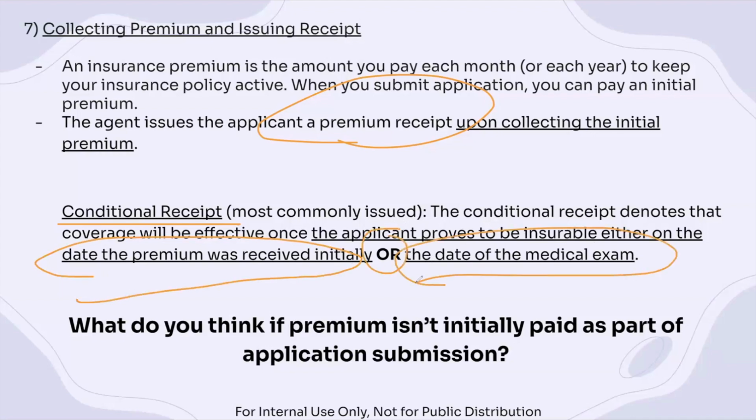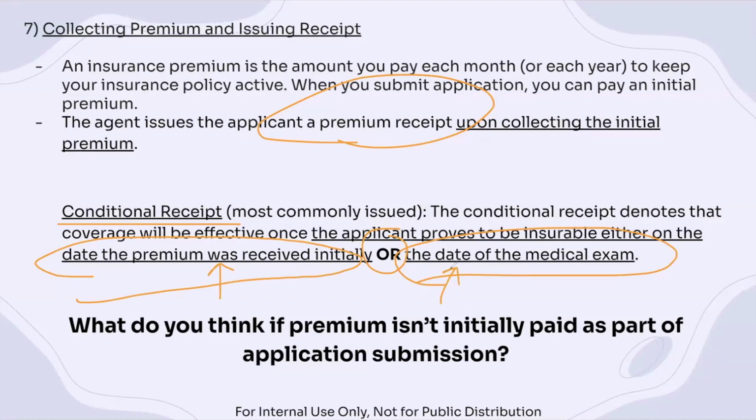Now, why would this make sense? I paid the premium now, so the coverage should be effective once my client proves to be insurable on the date that the premium was initially received. But why is there this medical exam portion?